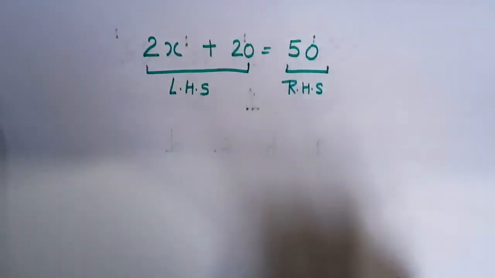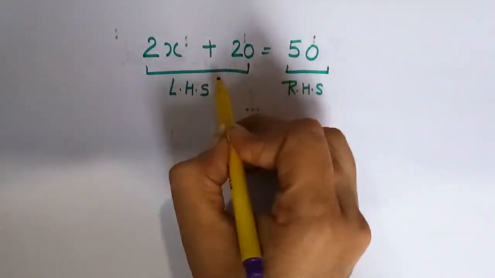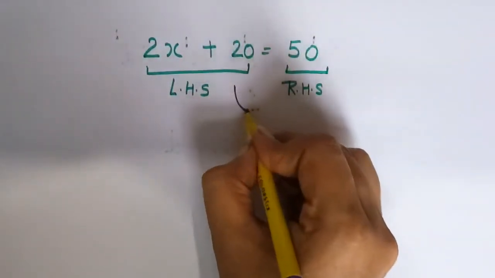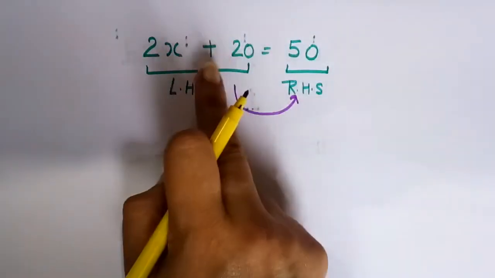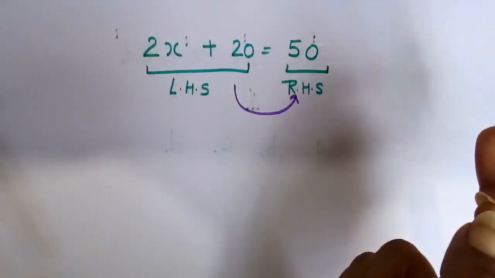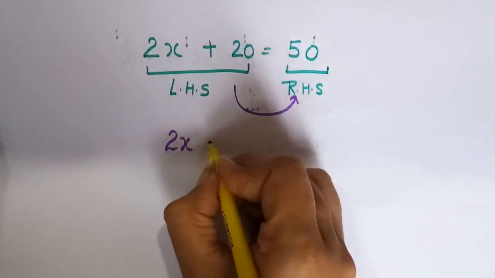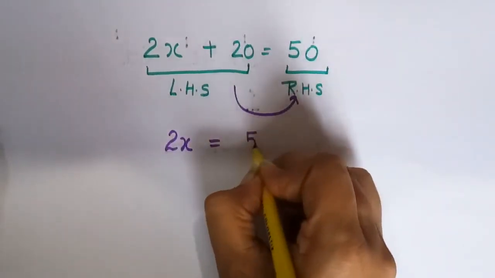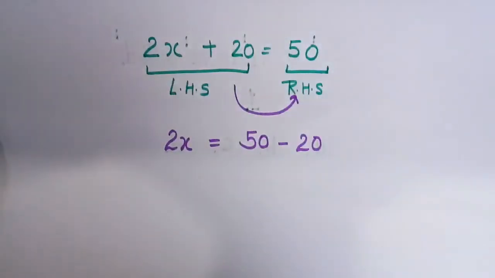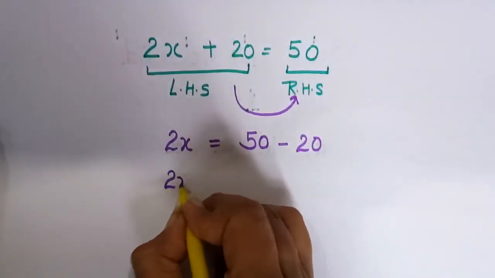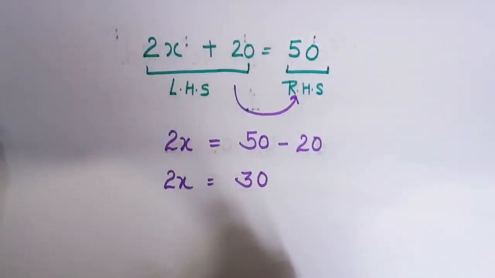Now shift plus 20 from left hand side to right hand side. As the result, plus sign changes into minus. So we can write like this: 2x is equal to 50 minus 20. So 50 minus 20 is equal to 30.